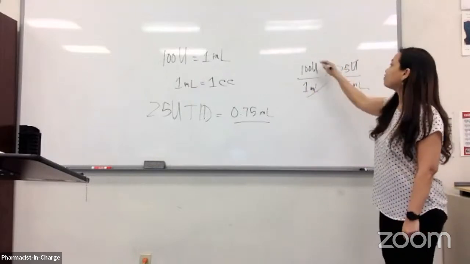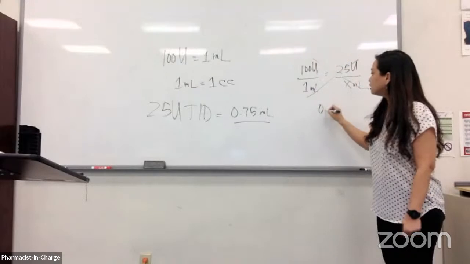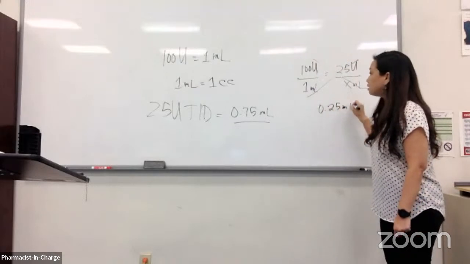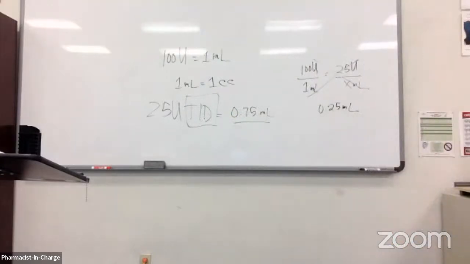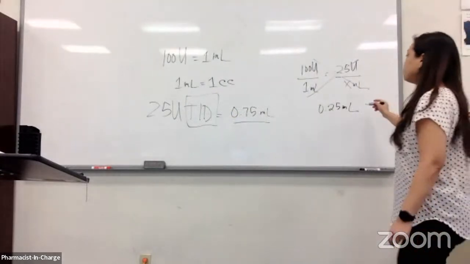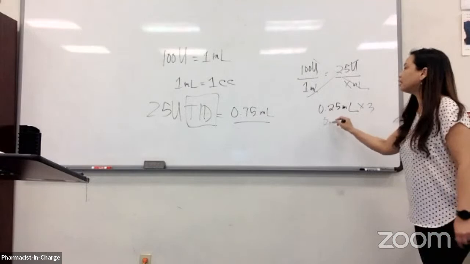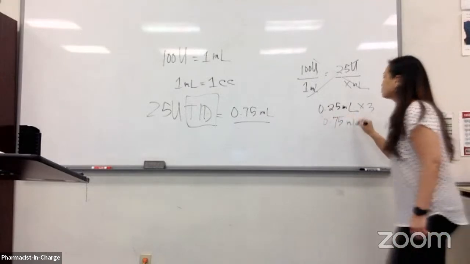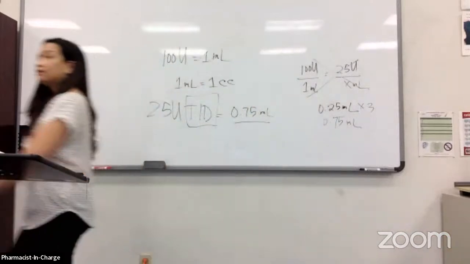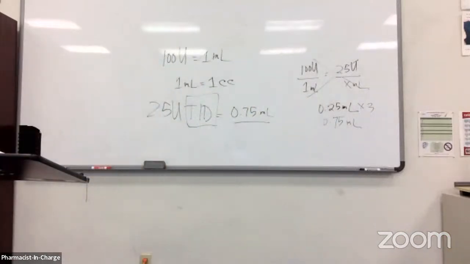Cross multiply: 25 divided by 100 is 0.25 ml. But it doesn't end there, there's an additional instruction, which is TID. So what do you do here? Multiply by 3. Very good. That's why Jonathan and Sarai's answer was 0.75. Real quick, right?